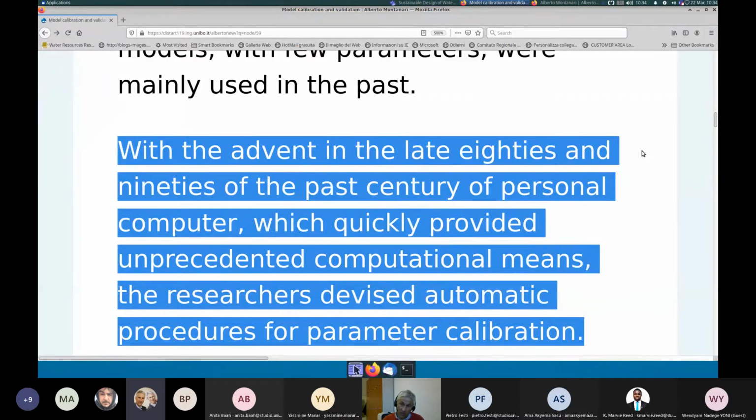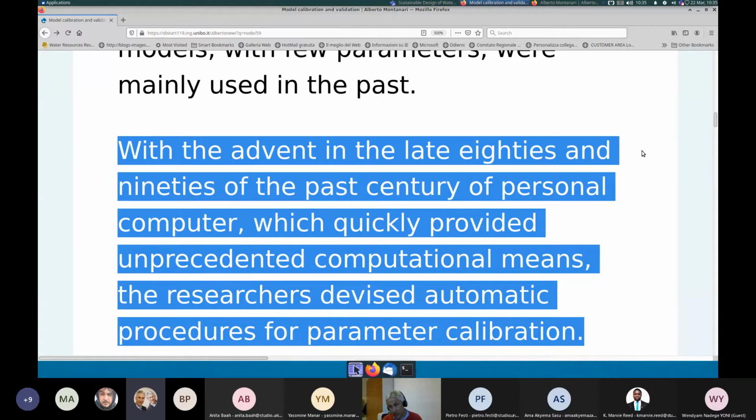If you make the trials automatically, of course, it's more comprehensive. You can leave the computer running overnight, and then in the morning you get the result. This cannot be done with the visual approach, because the visual approach requires your intervention.